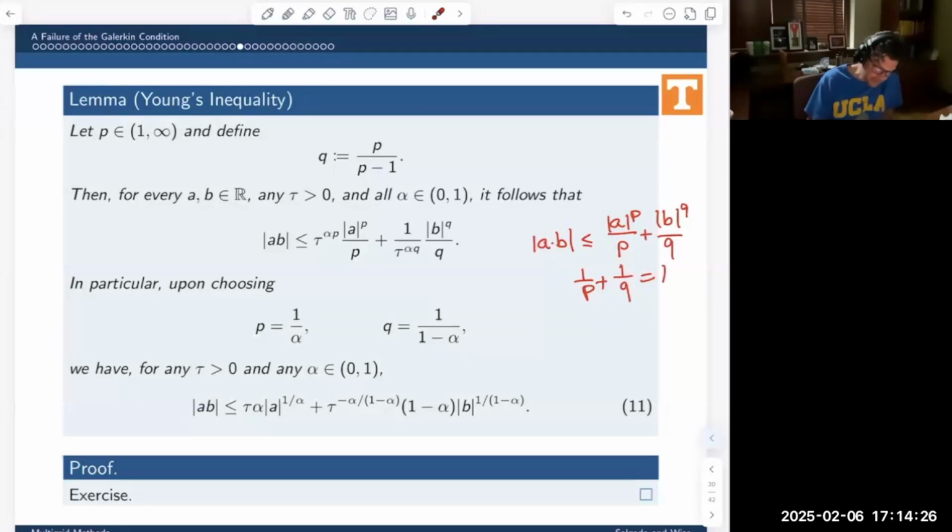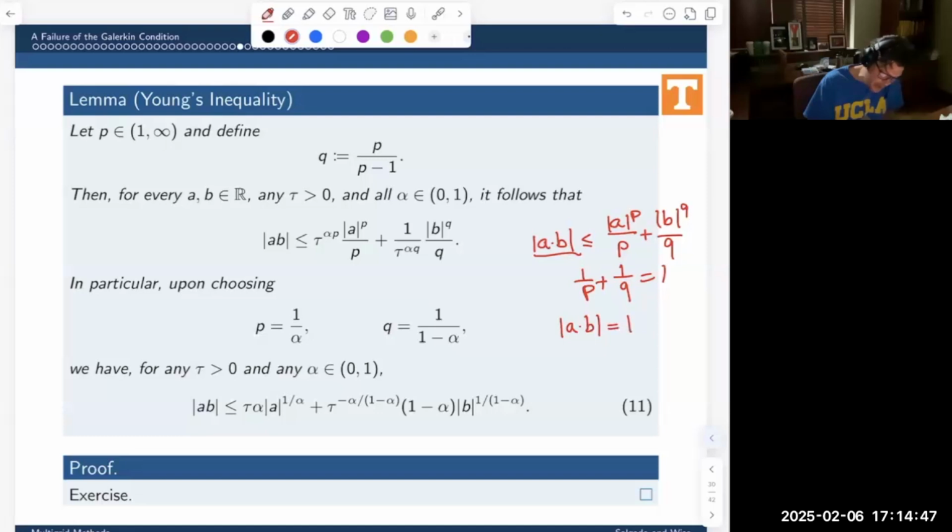Well, from this one, I can break this up. There are lots of ways you can prove this, but basically I'm going to say A times B is equal to A over some epsilon times epsilon B. And then if I apply my Young inequality to this and then judiciously choose epsilon, I can show right away that I'm going to get this inequality here.